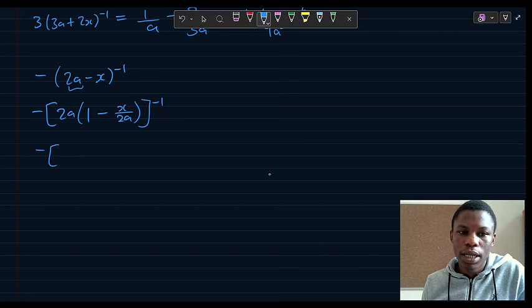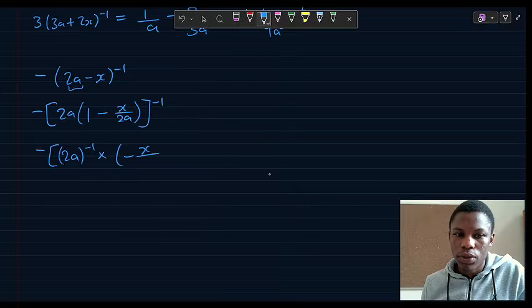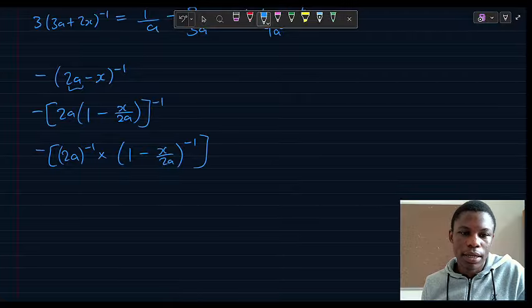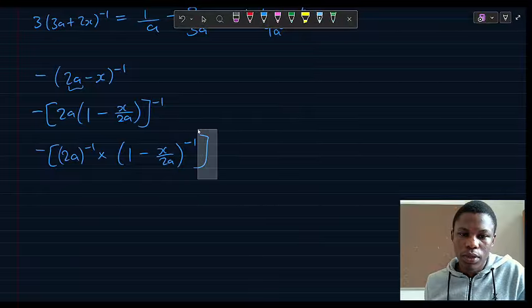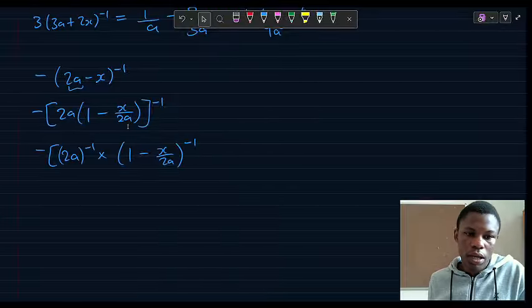Distribute the power. So I've got negative 2a to the negative 1 multiplied by 1 minus x over 2a. Completely omitted the 1. I said 1 but didn't write it. 1 minus x over 2a. And this is to the negative 1 as well. So, in fact, I can remove the square brackets. They're not necessary.